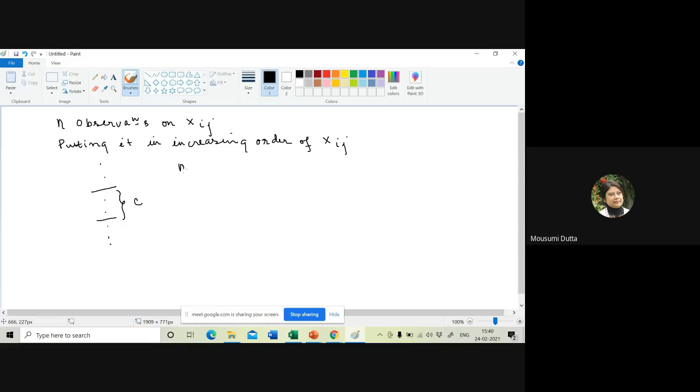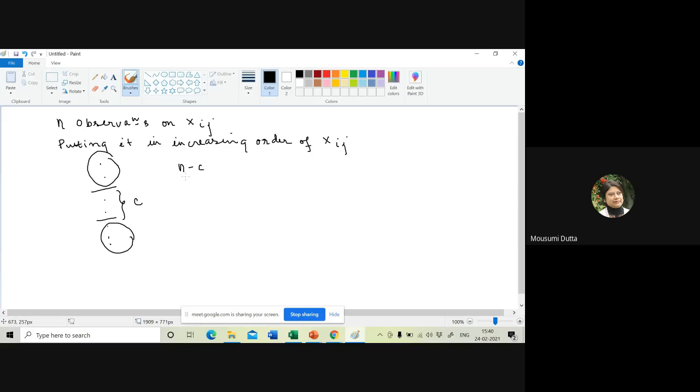So total observations now we have in our hand for xij, that is n minus C. Now I am considering the values above as one group and the values below as another group.